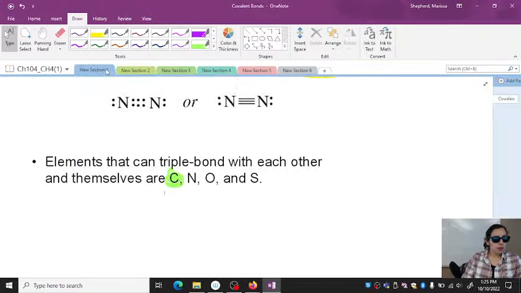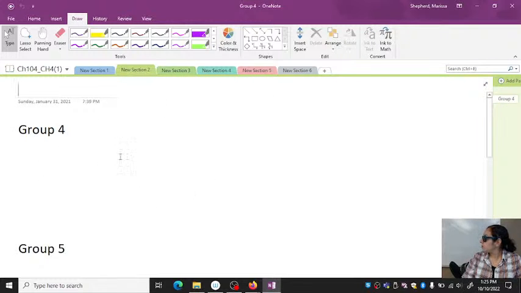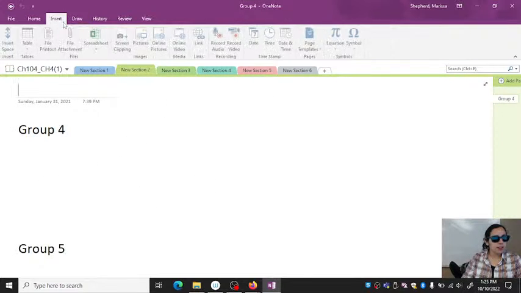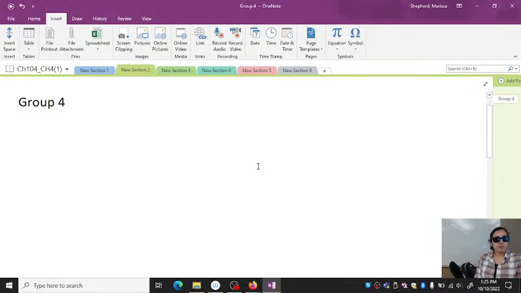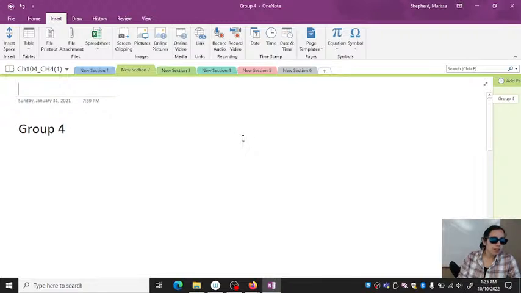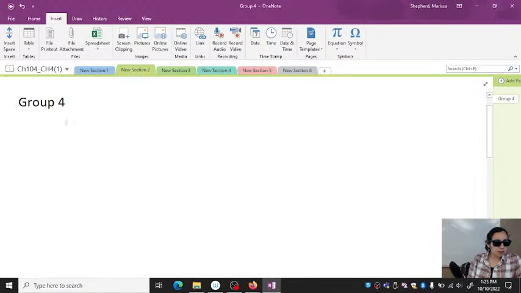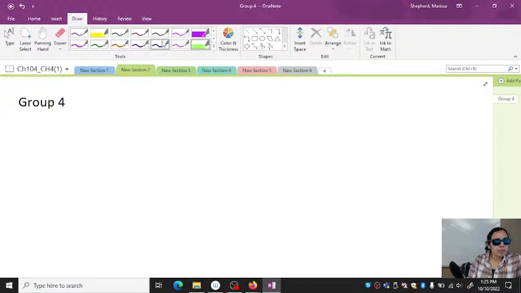All right, so now we're going to go over the characteristic examples and what these elements tend to do. We'll start with our group 4 and characteristic compounds. They tend to make 4 bonds. We can see that from carbon.